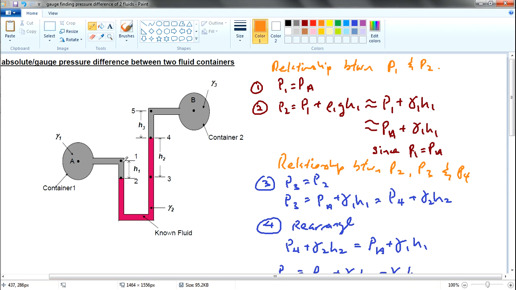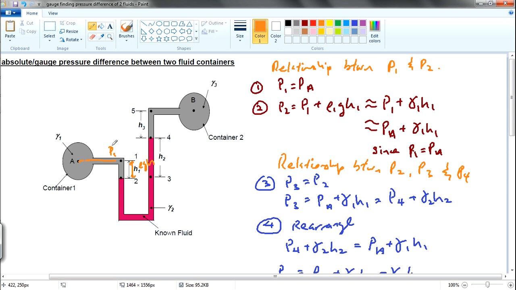P1 is equal to PA, since they are of the same height, and therefore P2 is equal to P1 plus the amount of rho GH over here, this height, plus whatever pressure at this point is equal to P2.